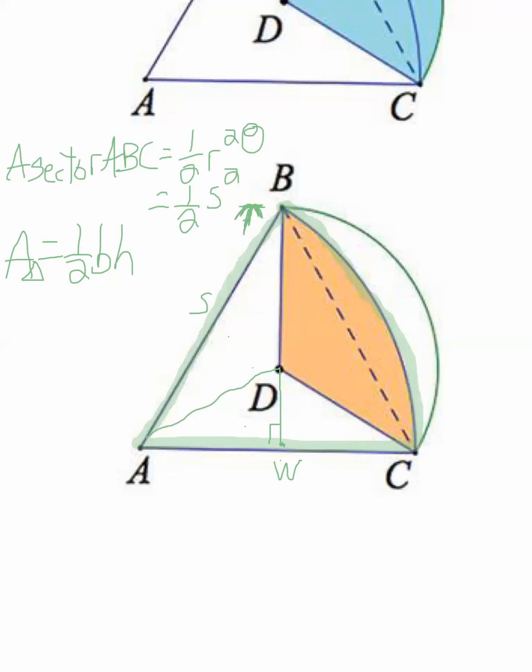That will get me DW, which is the height of my triangle. So the area of my triangle will be 1/2 the base, which is S, times the height, DW. Just find that value by taking all of BW and timesing it by 1/3.